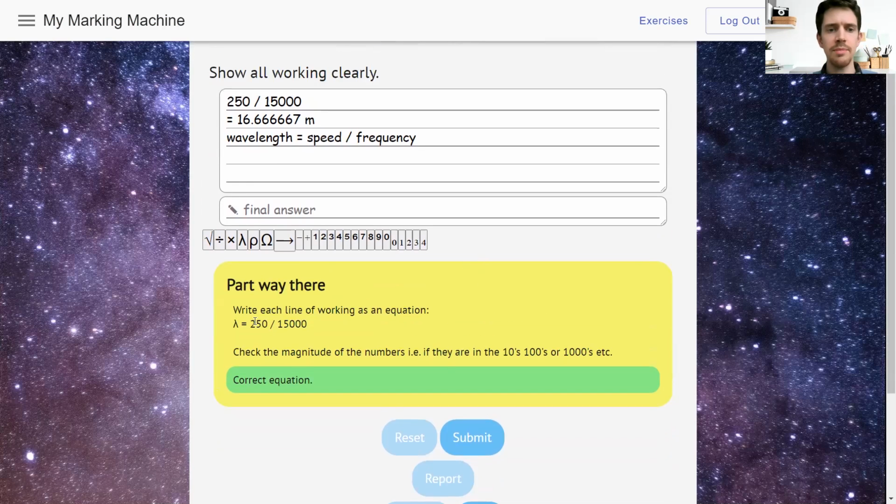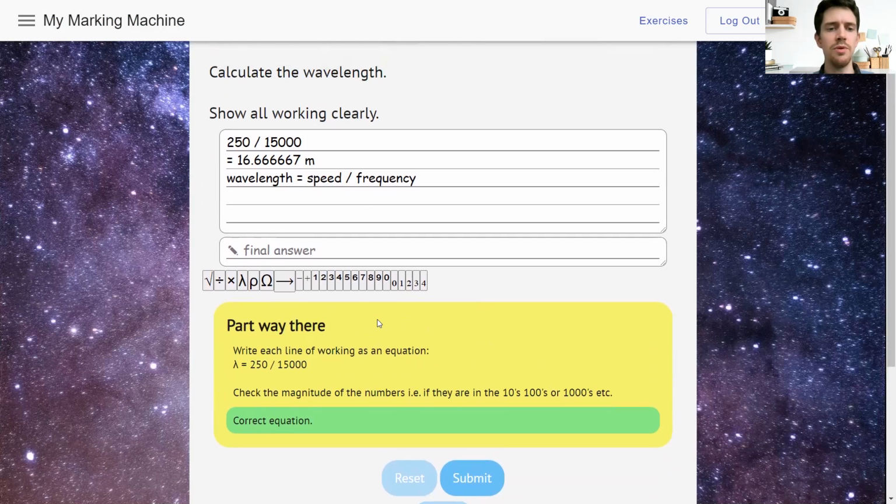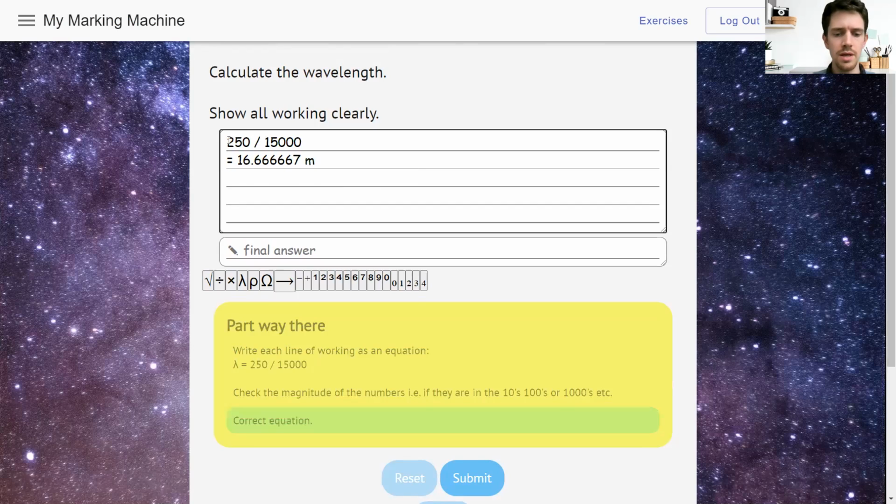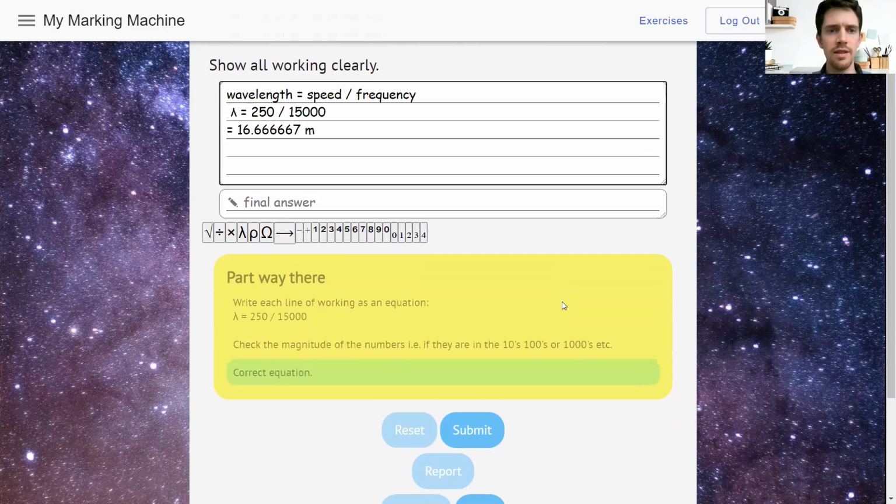Okay, and then it's telling me that I should lay out each line of working as an equation. So I think I'm just going to put this up here, it'll be nicer. And then this one needs, it's saying I should put in this symbol. I could also write the word wavelength.